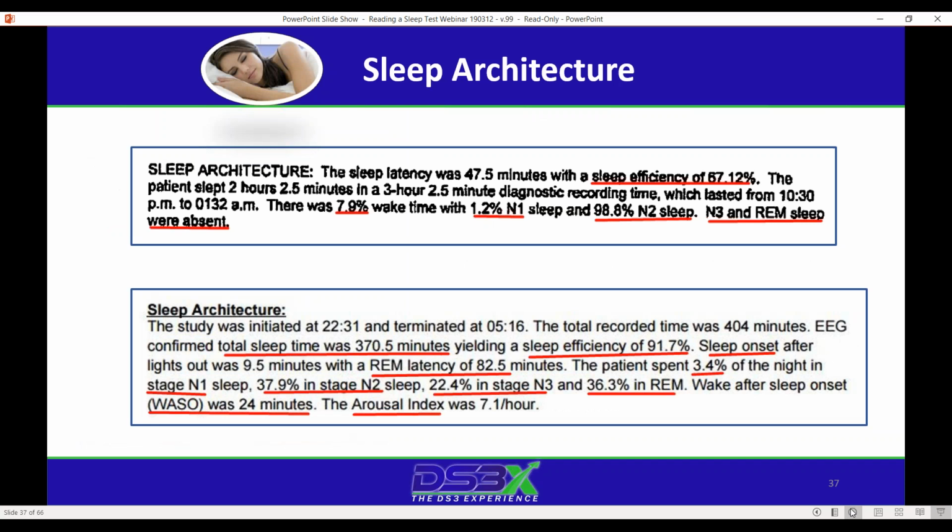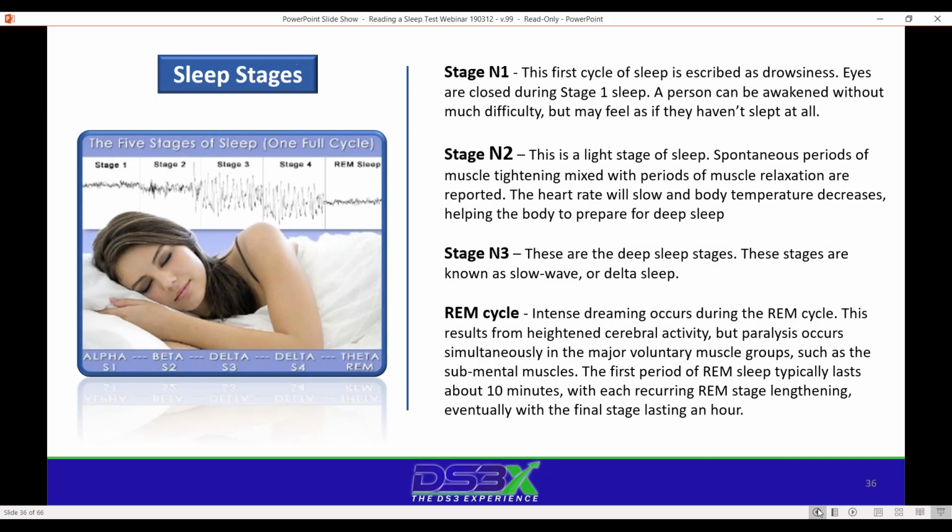The only thing I want to add to that, Guy, go back one slide, is remember that the REM cycle tends to lengthen throughout the night. So we alternate back and forth about every hour and a half or so. But a lot of our REM occurs more heavily at the back end of the night.